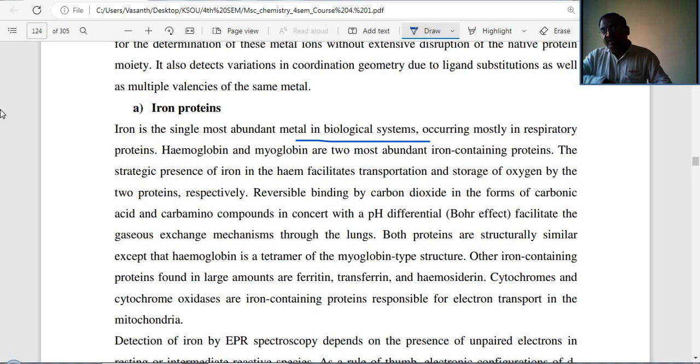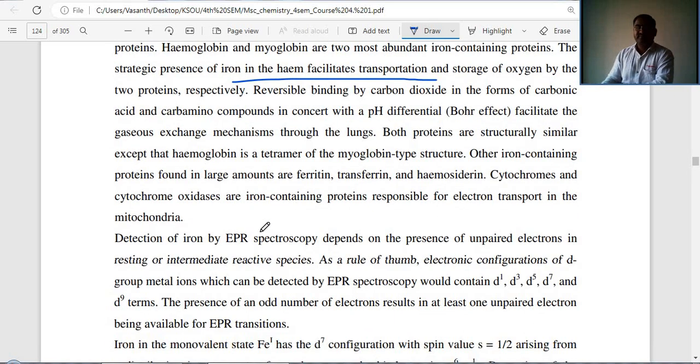Hemoglobin and myoglobin are two important iron containing proteins. The strategic presence of iron in the heme facilitates transportation and storage of oxygen by the two proteins.